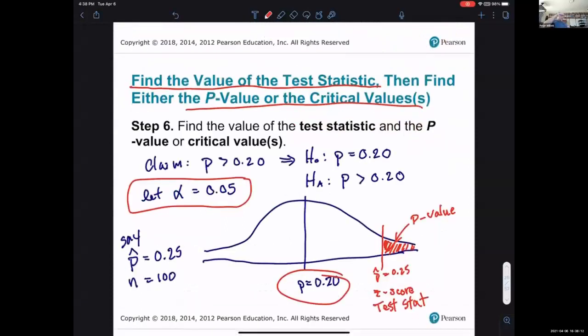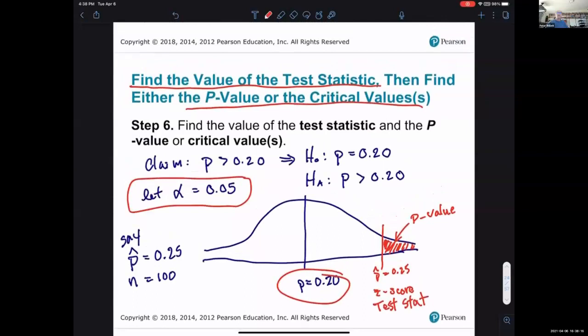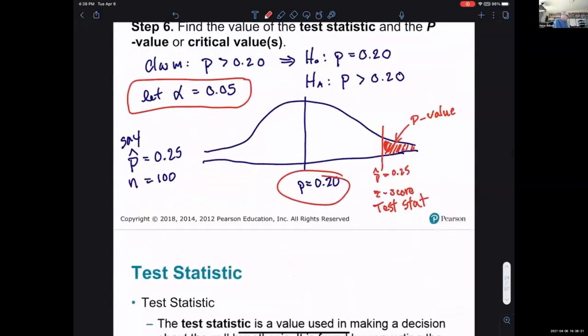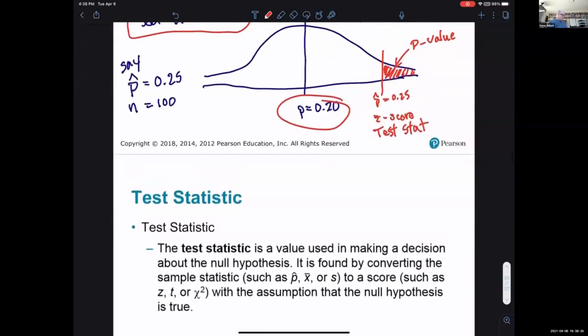All right, so this is the idea of what's going on and my attempt to make a little picture about it. So let's look at how they tell us what this test statistic and p-value are defined to be with this example that I've given in mind. So the test statistic, as I just was showing here, is a value used in making a decision about the null hypothesis.